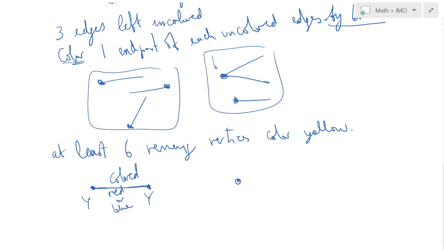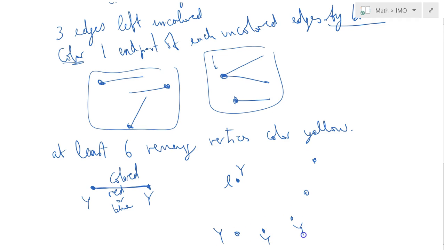So consider a yellow vertex, and let's label it as L. We know that we have at least 5 other yellow points.